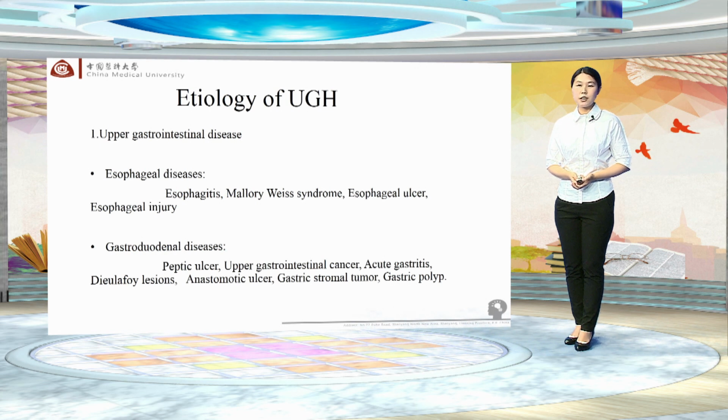And gastroduodenal disease includes peptic ulcer, upper gastrointestinal cancer, which we have mentioned before, acute gastritis, Dieulafoy's lesion, which is rupture of the submucosal arterioles, anastomotic ulcer, gastric stromal tumor, and gastric polyps.